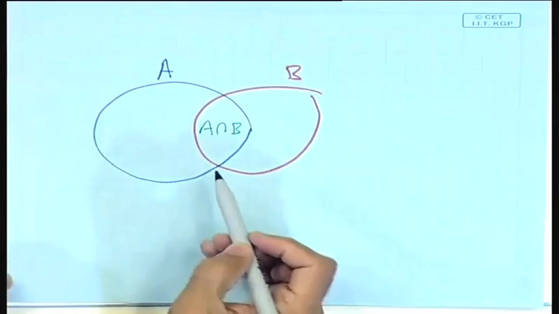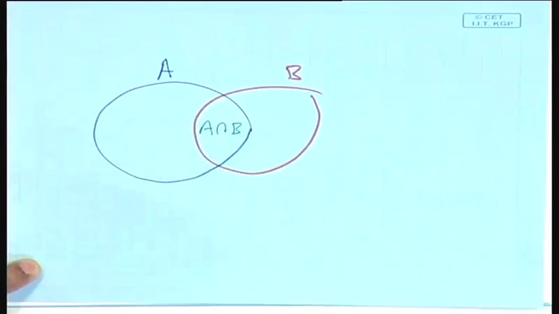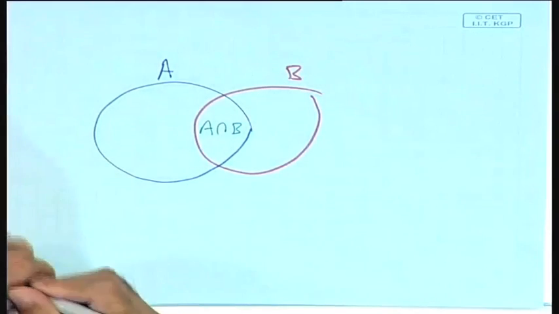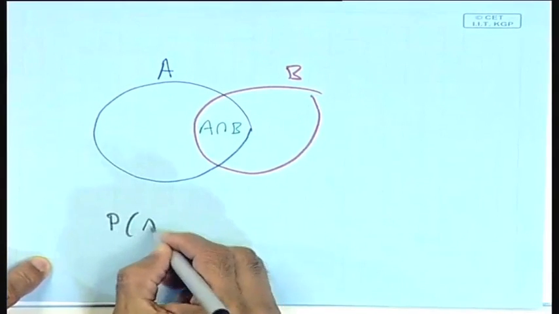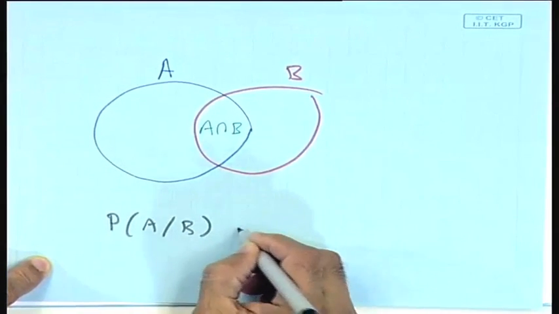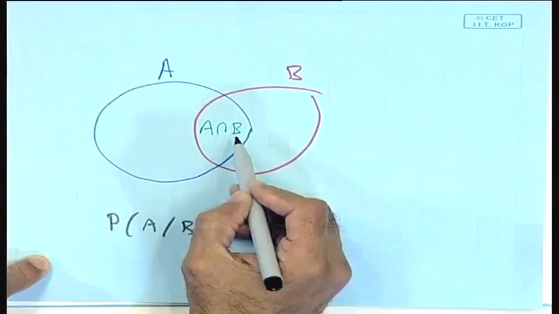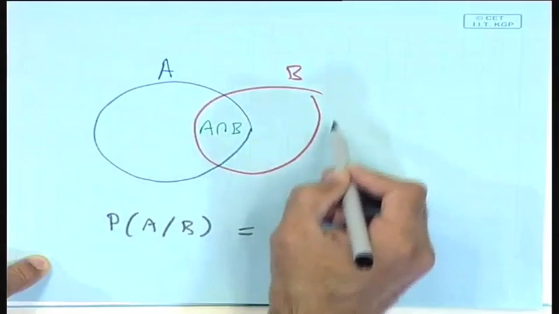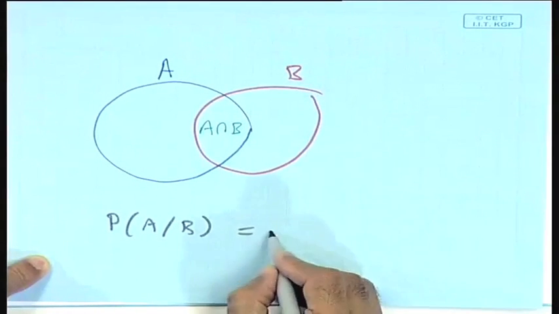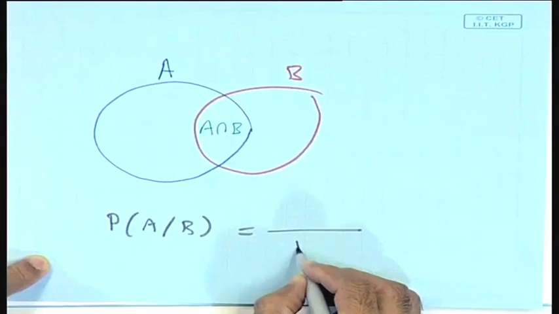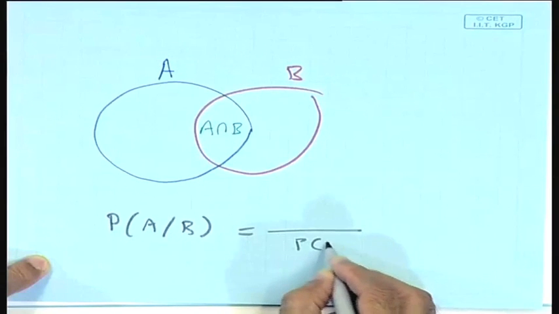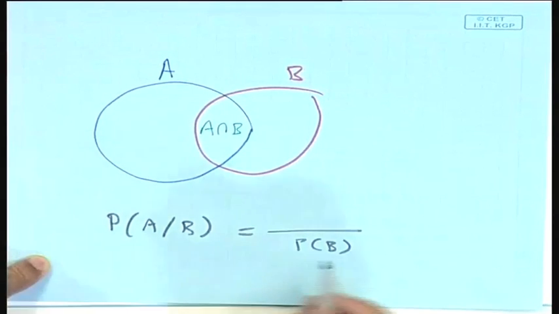Now, if I have to figure out the probability of what I called conditional probability, which I'm going to write as probability of A given B, let's look at the total possibilities. Given B means all of B would have occurred, so I divide by that at the bottom. I just call it P(B) in the denominator.